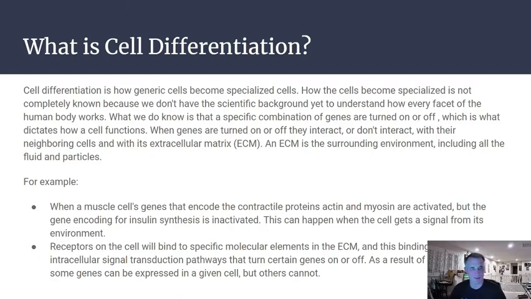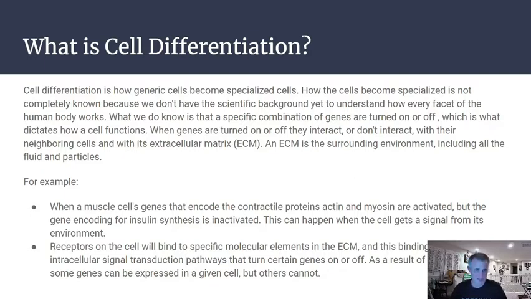So for a quick example, when a muscle cell's genes that encode the contractile proteins for actin and myosin, which are basically these filaments that slide past each other to cause the muscle to contract, are activated, but the gene encoding for insulin synthesis is inactivated, this can happen when a cell gets a signal from the environment, right? And it can cause the muscle cell to do the function of contracting and moving the skeletal system or your body around, right?